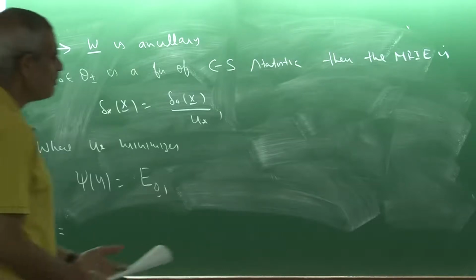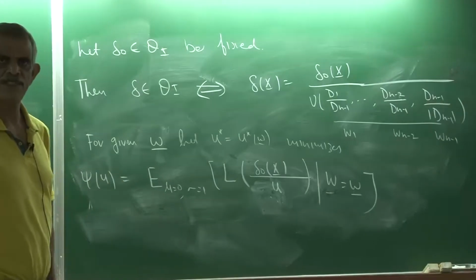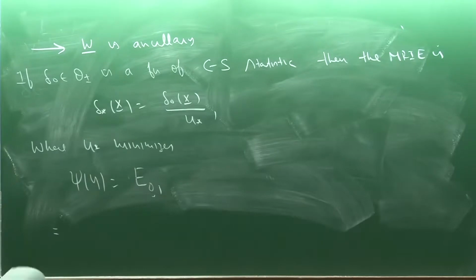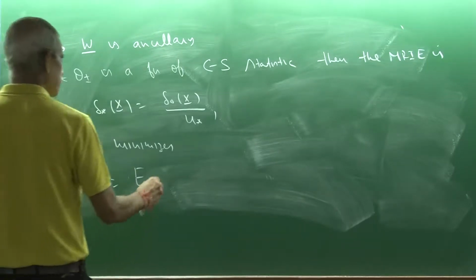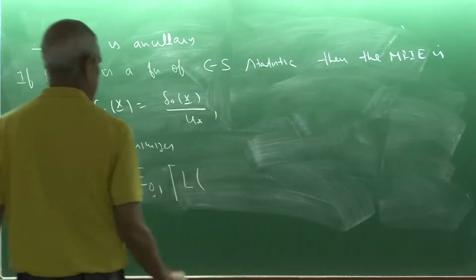And the reason for that is because here G-bar again acts transitively on the parameter space, so the risk of any invariant estimator would be constant. Delta naught x.